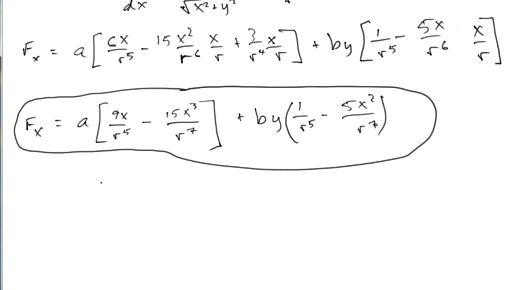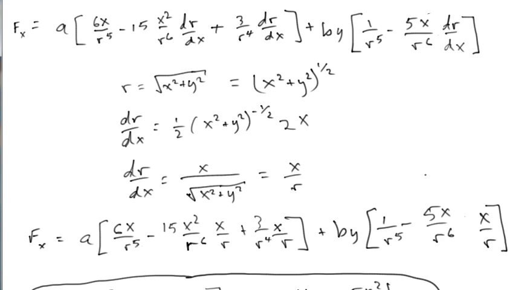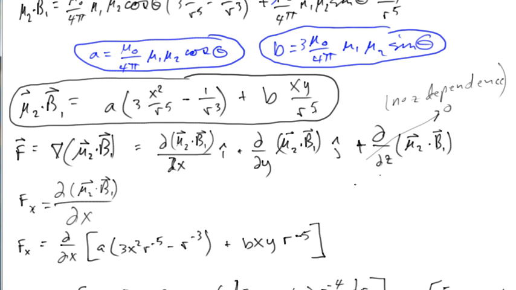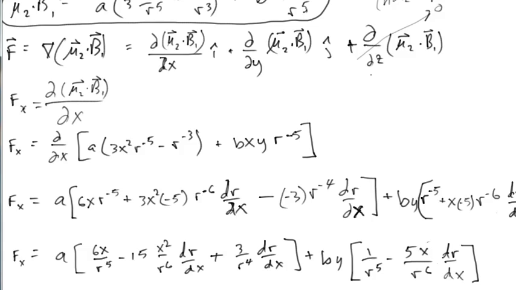So let's work on getting fy. Fy is the derivative, partial with respect to y, of mu2 dotted into b1. If I can find that up here someplace, mu2 dotted into b1. There it is. A times 3x squared over r to the 5th minus r cubed.